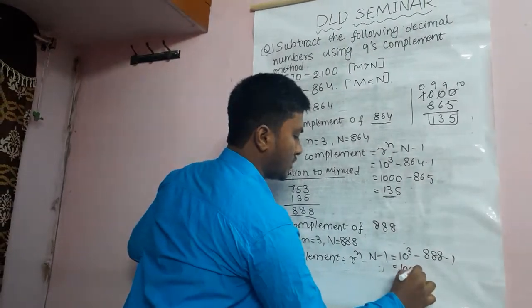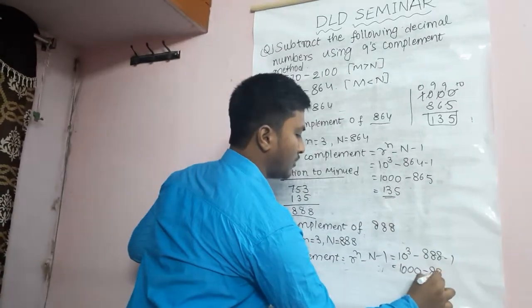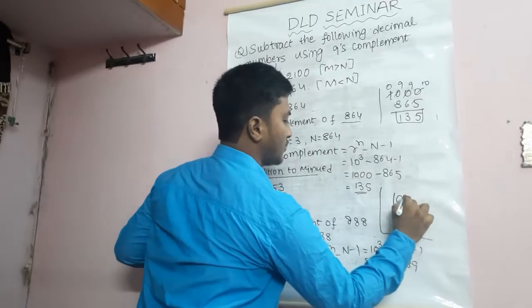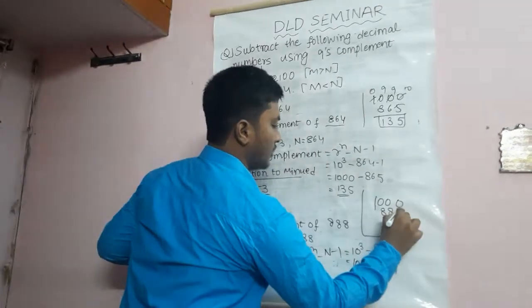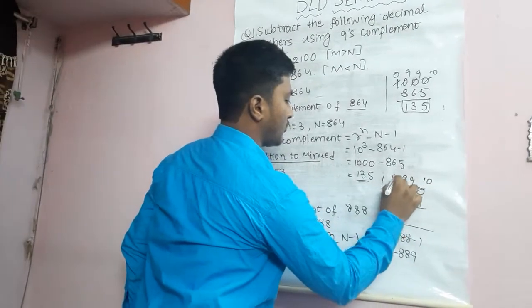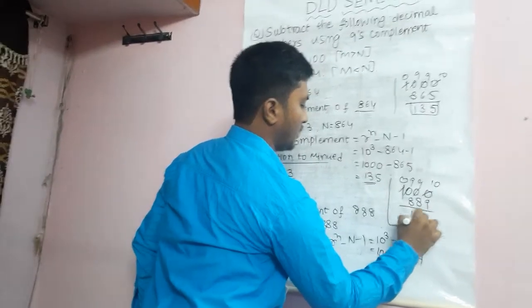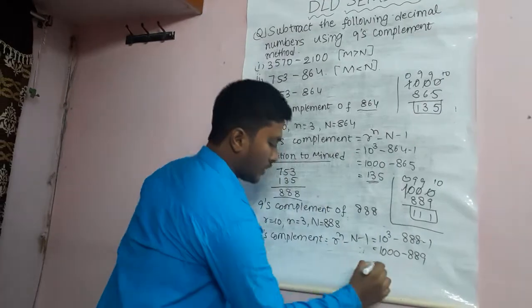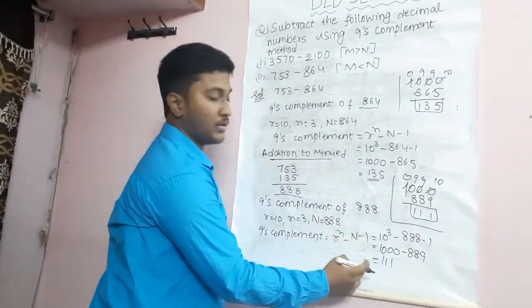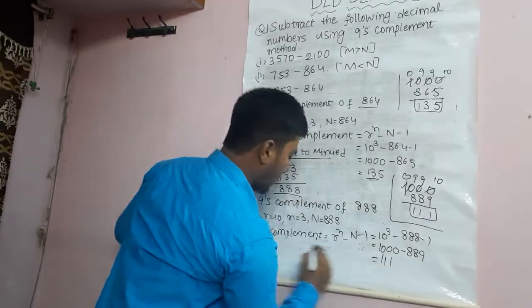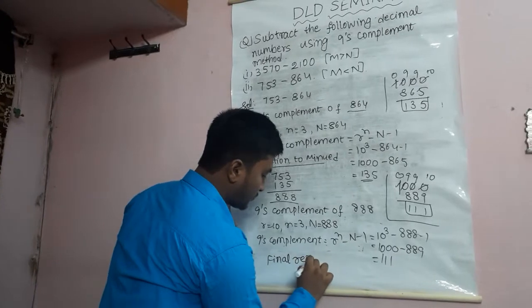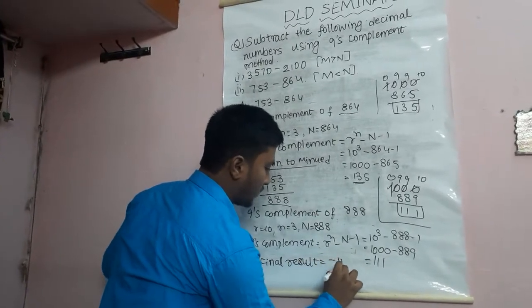So this is 1000 minus 889. 111. So we got 111, and we should remember to place negative sign before it. So the final result equal to minus 111.